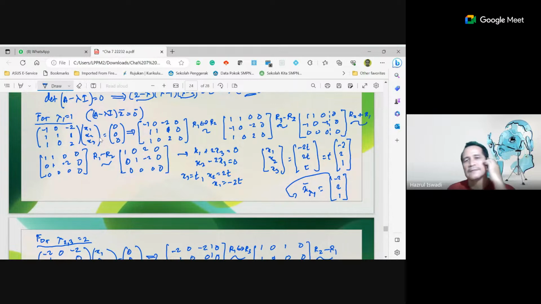This must be one. And for R3 repeat, R2 plus 1, we must have 1 here.